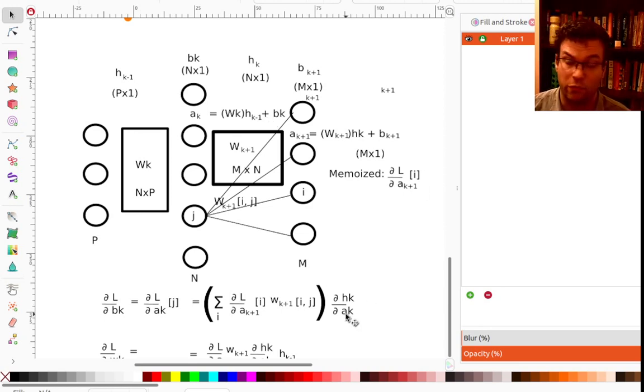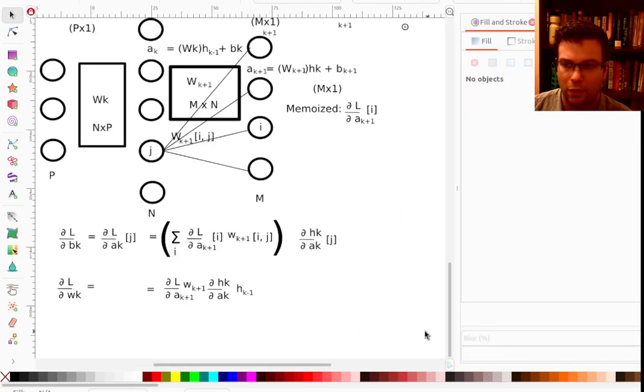That is how we transform a_k to h_k. But this is done element-wise, so the derivative of h_k at index j only depends on the derivative at a_k at index j.